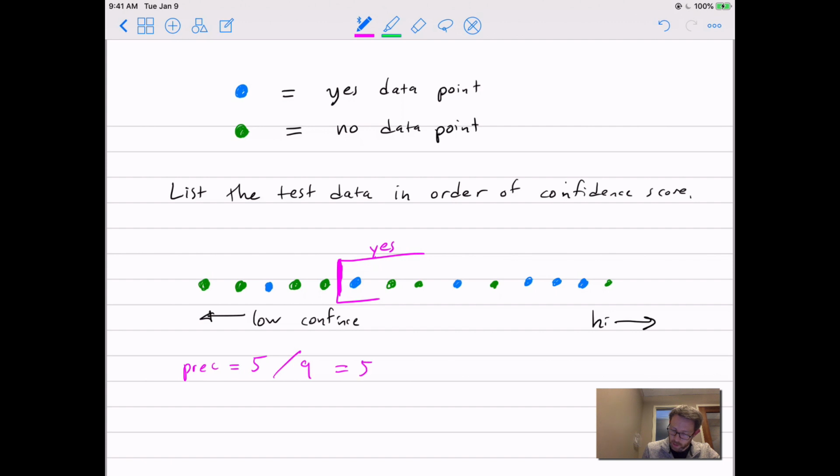Okay, so that's about 55%. And then my recall is going to be 5 out of 6, which is actually pretty good. I think it's like 84-ish%.